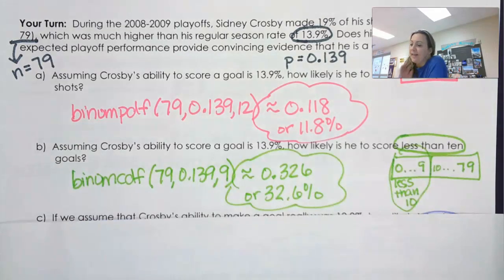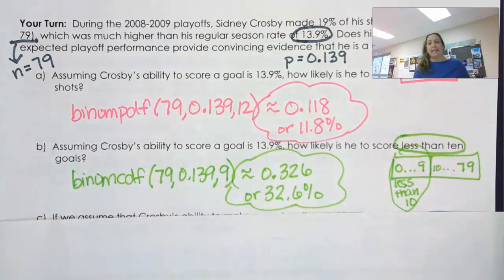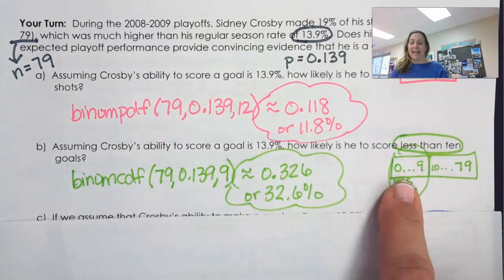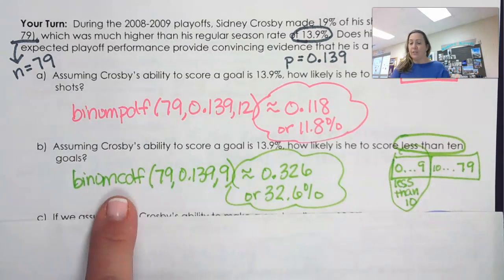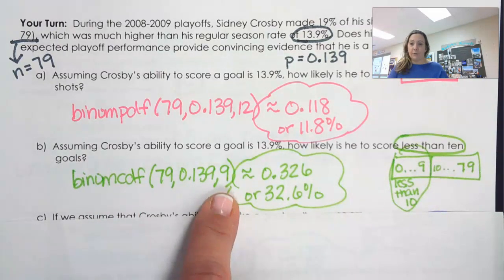All right. In letter B, I got 0.326 or 32.6%. Less than 10 does not include 10. Less than 10 is going to be everything 0 through 9. That's what I want. So I'm going to use the cumulative all the way up through 9. 0 through 9 is less than 10.